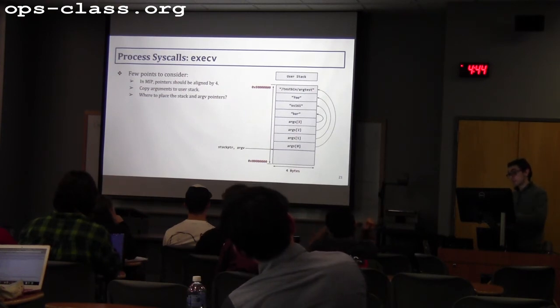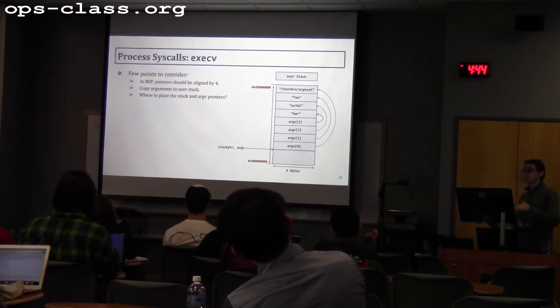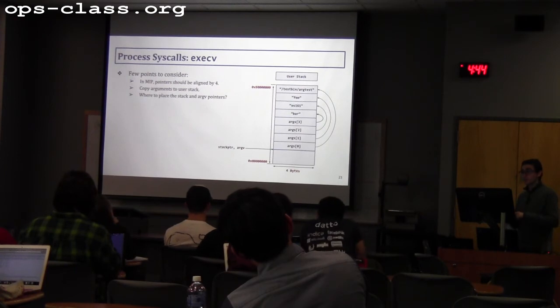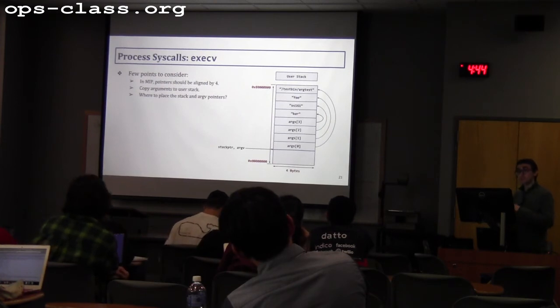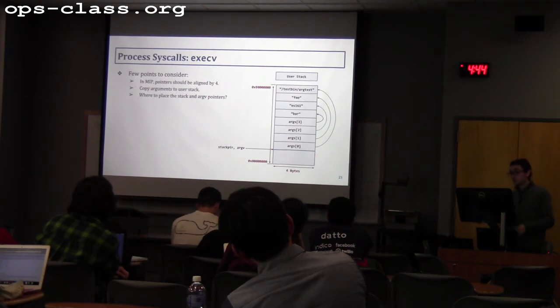After that, other than the array itself that we place on the stack, we should also place the arguments. For the arguments, you need to be careful, because you should keep the pointers aligned. For example, how should we store bar? Every character is of size 1 byte, so we need to keep it at 4 bytes.